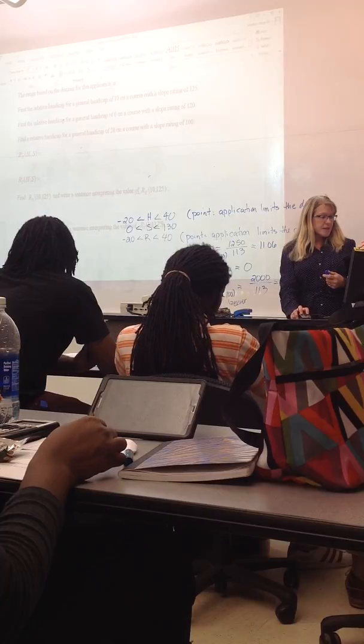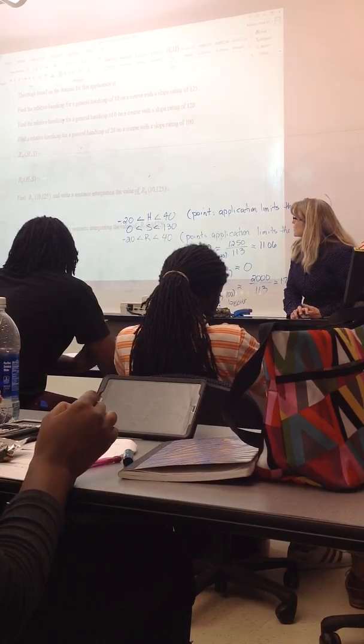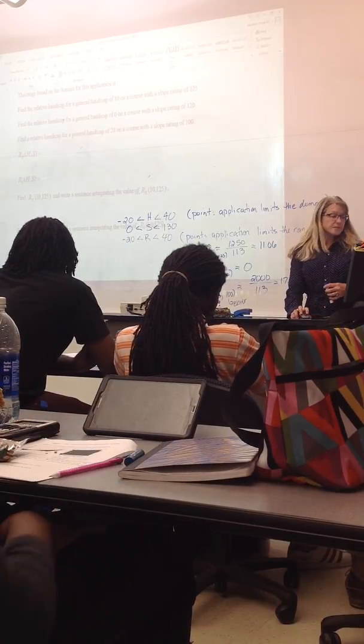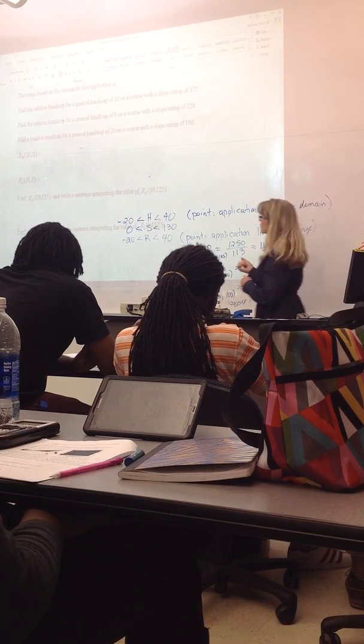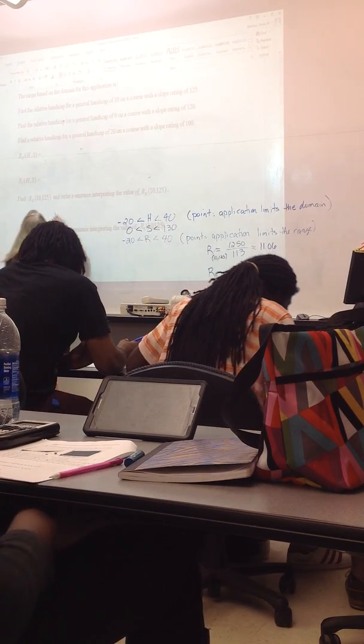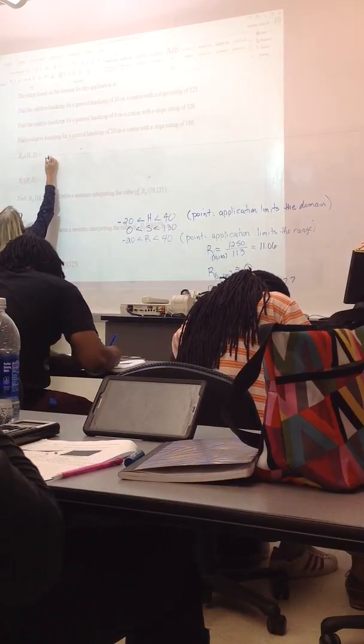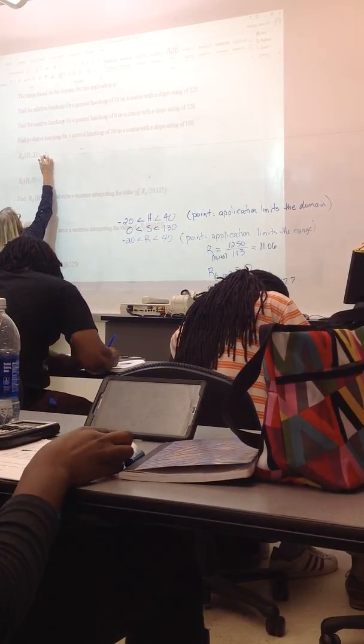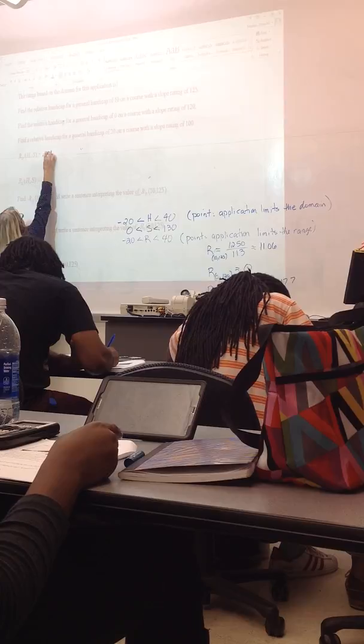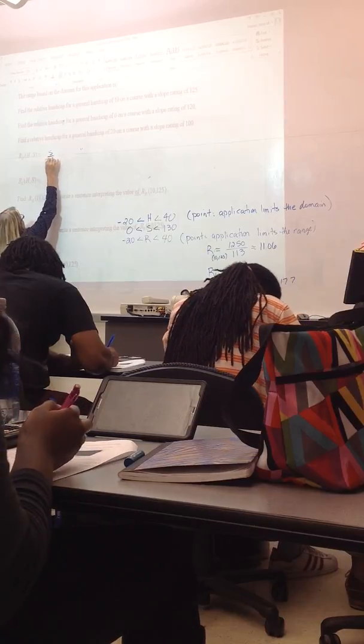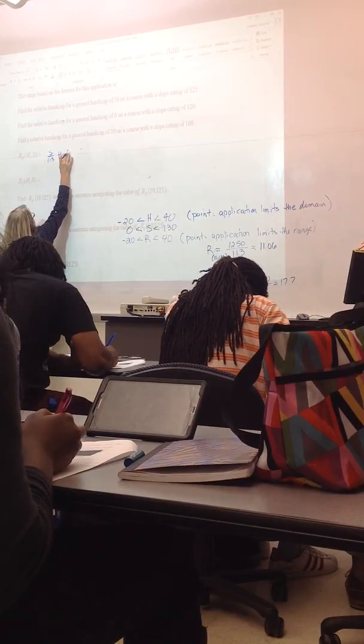Okay, so what is it asking us to do here? Find the partial derivative with respect to h. That means we're going to hold s as a constant and h as the variable.